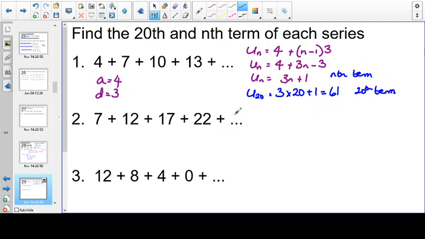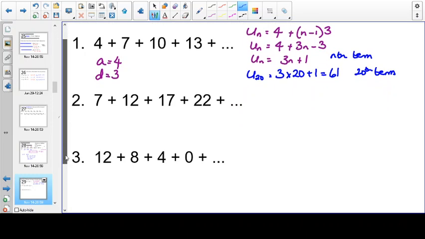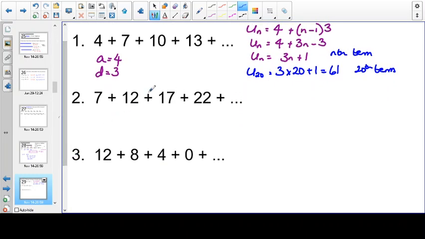Okay, I would like you to just pause the video and just have a little go at the next two. Try and do it in the same way that I've just done it. Okay, so the nth term will be 5n plus 2, and then the 20th term will be 5 times 20 plus 2, which is 102.